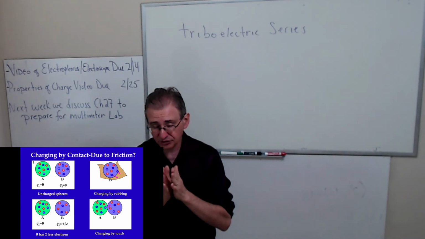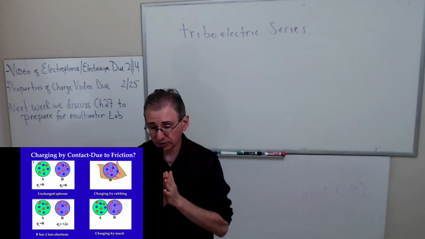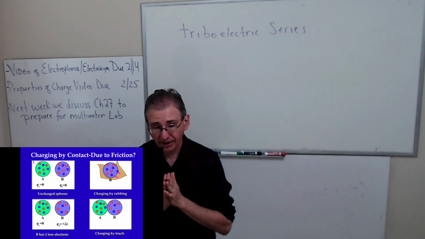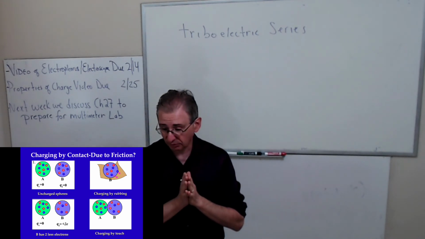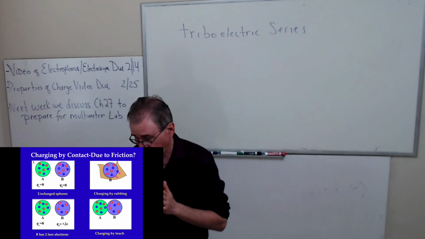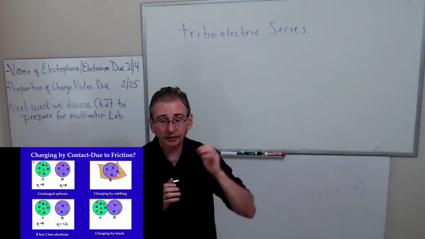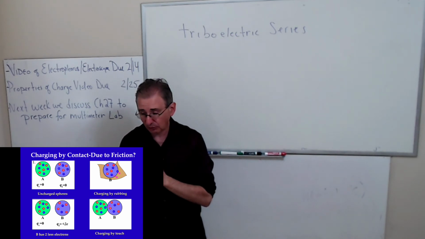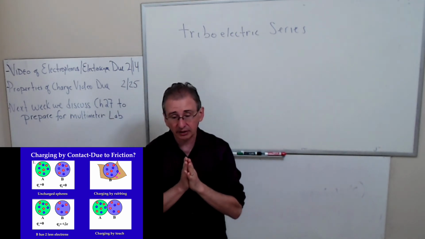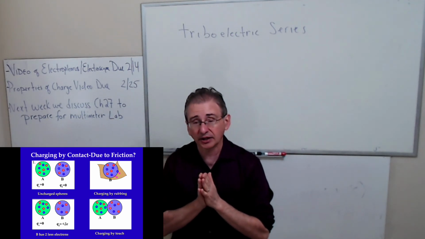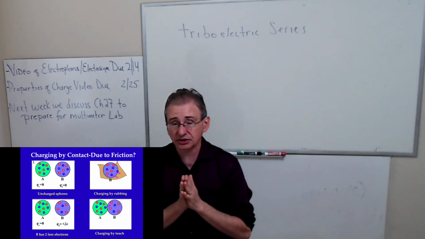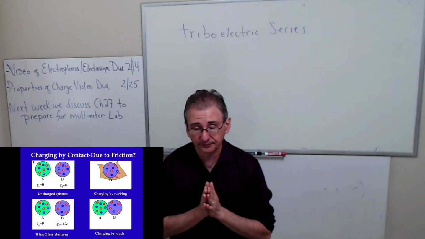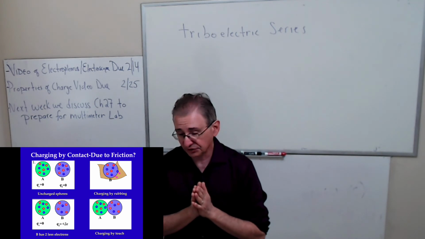The reason why it's charging is because the two materials have different, basically opposite, electrical properties. One wants to give off the electrons, one wants to pick them up. By rubbing them together, you're giving the two materials a way to interact with each other so that charge can be transferred from one to another. Of course, there's going to be friction there.